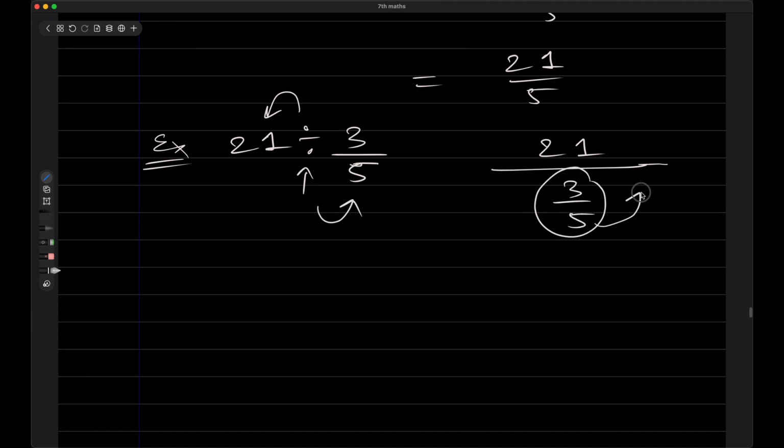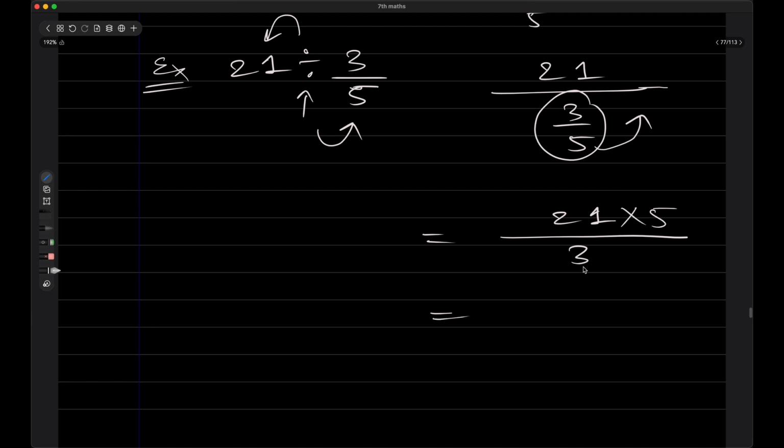Now send the denominator on the opposite side, that is 5 on the opposite side, that is equals to 21 as it is, 3 as it is, denominator that is 5 on opposite side. Now 3 into 7 is 21, 7 into 5 is 35.